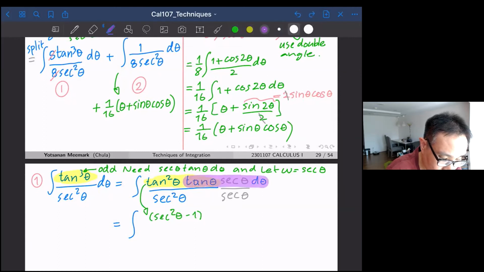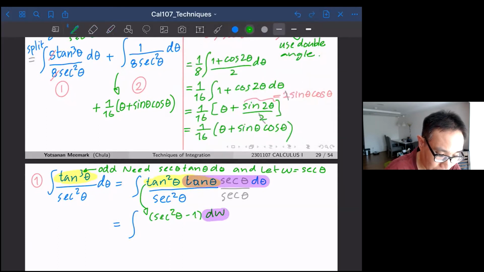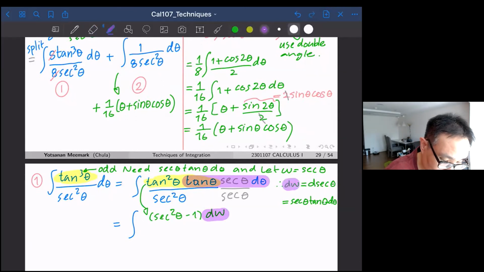The purple one turned out to be dw, because you see right in front of your eye that dw equals d of sec, and d of sec equals sec theta tan theta d theta. So that's my dw.